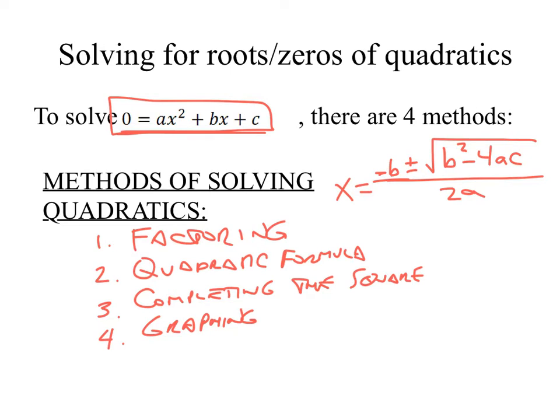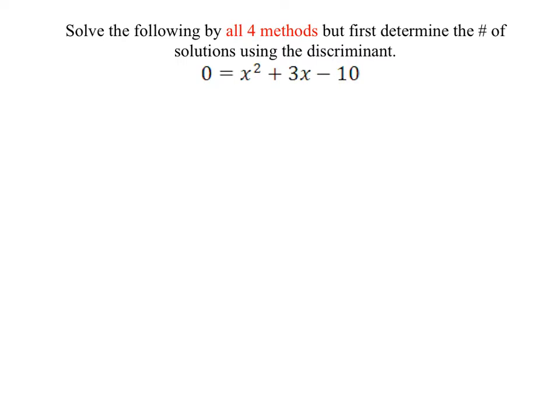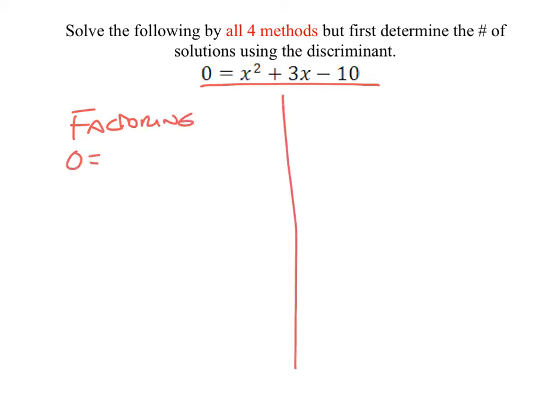All right, so let's take a look at an example and track the discriminant. So I want to take this equation and solve it by using all 4 methods. So let's first do it by factoring. So I'll break this down. 0 equals x squared plus 3x minus 10.